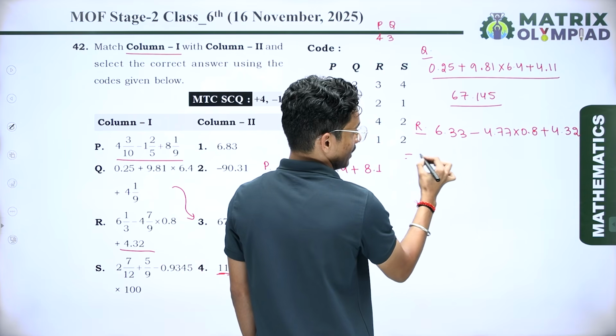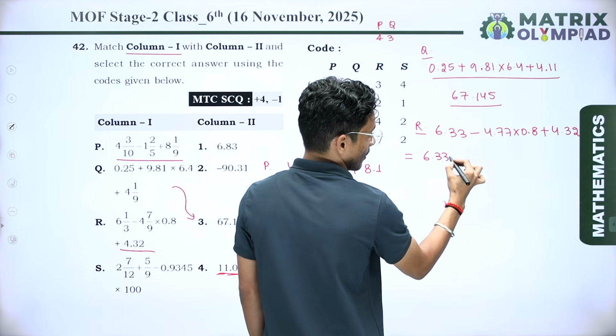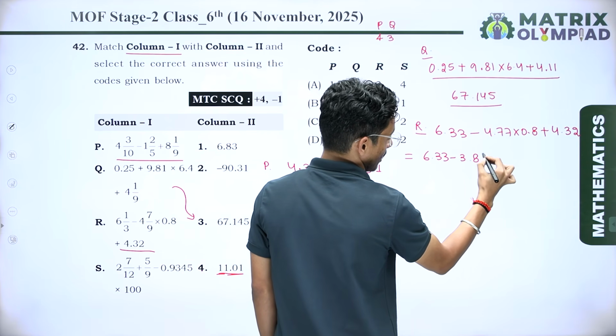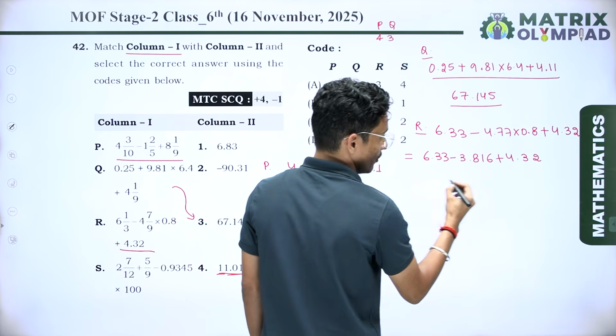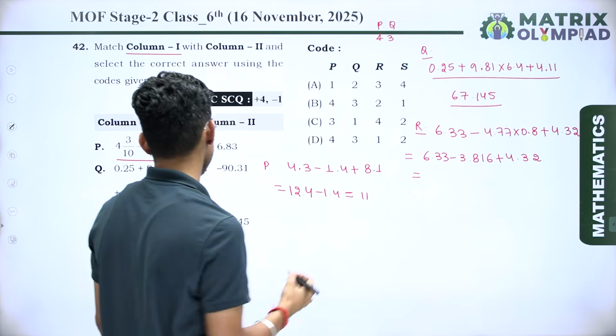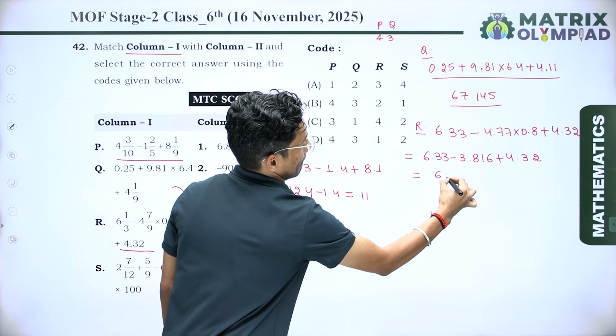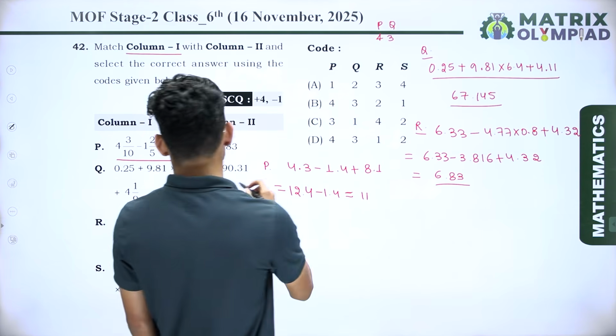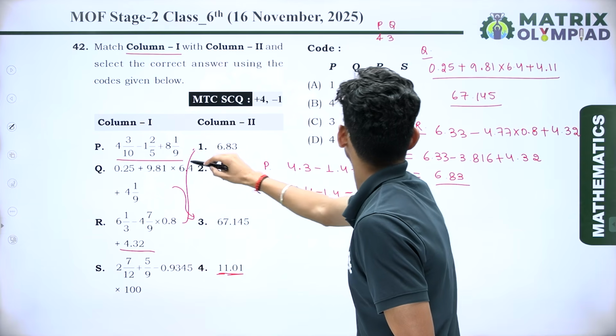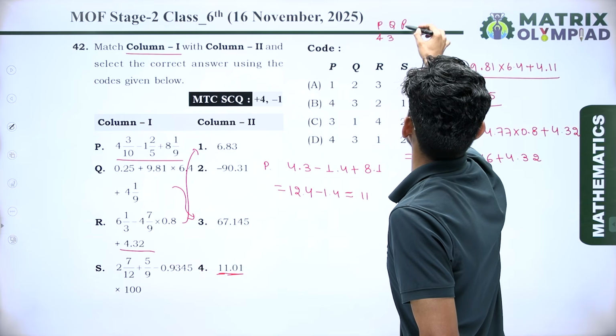Okay, so I can write here 6.33 minus 3.816 plus 4.32. So again, when we simplify it, we get answer that is 6.83. So it means R is connected to 1. So here I can write R is connected to 1.